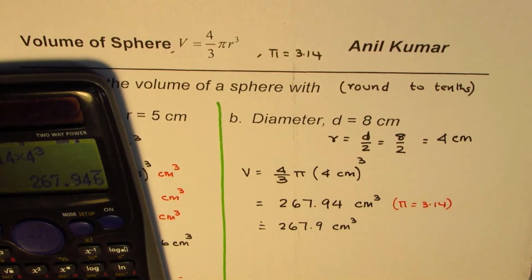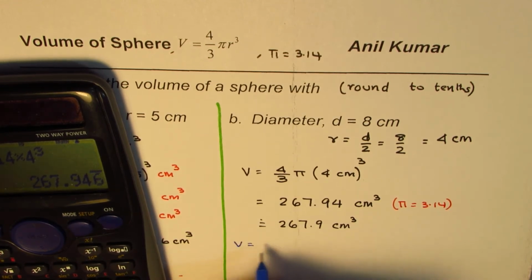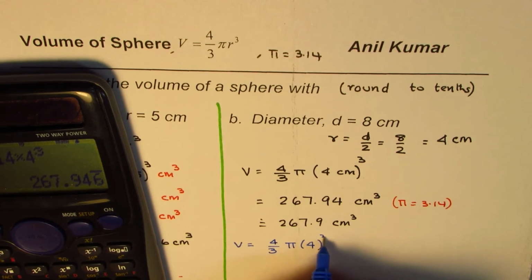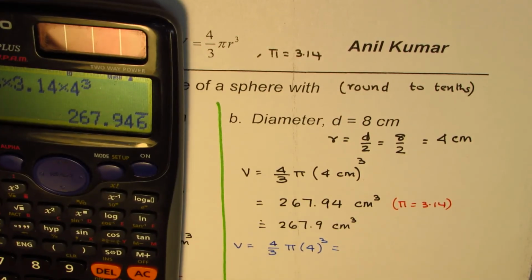Now if I use pi not as 3.14 but as pi, let us check the value for that also, right? So we'll do again the same calculations. 4 by 3, we'll use pi this time, 4 cube, okay? Let's do it. So we have 4 times pi times 4 cube, right?